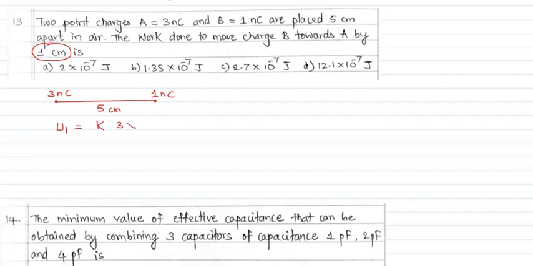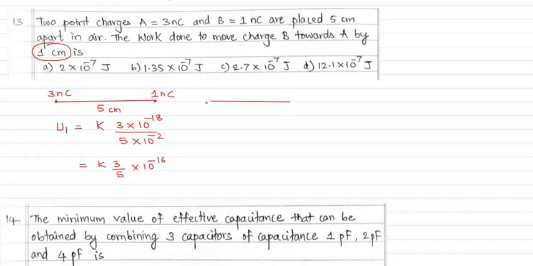Q1 into Q2 will be 3 into 10 raised to minus 9, minus 9 means minus 18. 3 into 1, 3 nanocoulomb is there. So minus 18 divided by 5 into 10 raised to minus 2, that is Q1 Q2 by R. So this is equal to K 3 by 5 into 10 raised to minus 16. Now they are moved 1 centimeter nearer towards each other.